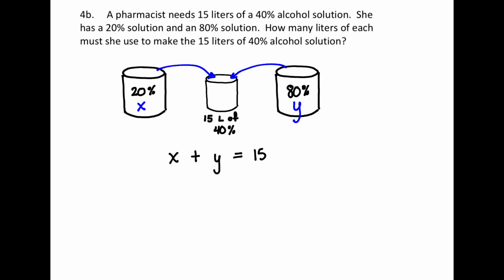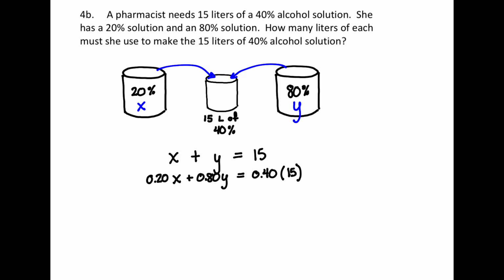Okay, then we know that we want 20% solution for all of the x amount that we use, the liters of x, and 80% solution for all of the y liters that we use. And we want the result to be 40% of the total amount, which is 15.